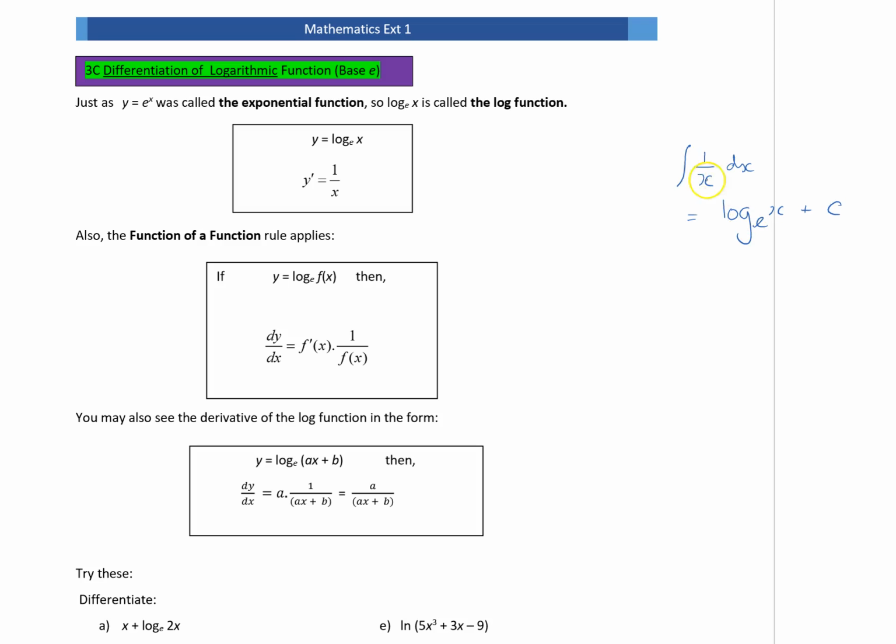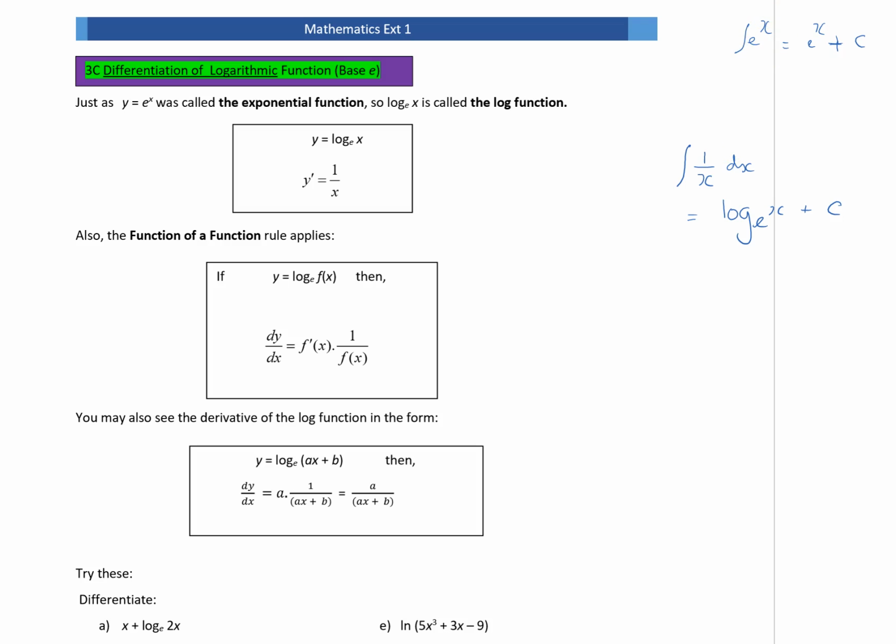There is nothing about this 1 on x that suggests it's going to turn into a log, unlike the integral of e to the x. Well, that is e to the x plus a constant, because we know that about e to the x, and we can see it. We can see e to the x actually written there.